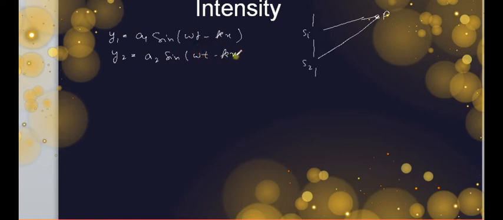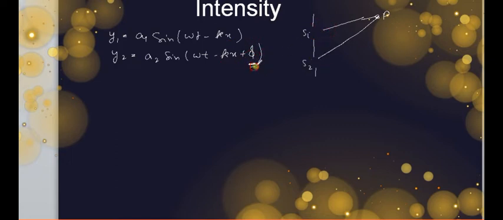We consider that the ray of light coming from source S1 is given by the equation y1 equals a1 sine omega t minus kx, and the ray of light originating from the second source is given by y2 equals a2 sine omega t minus kx plus phi. Now this phi is the phase difference existing between these two waves.